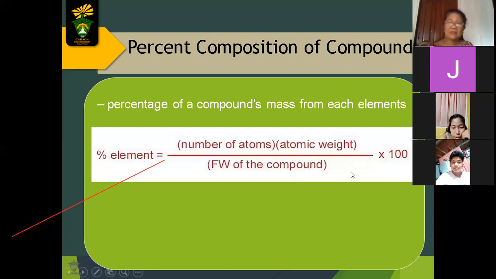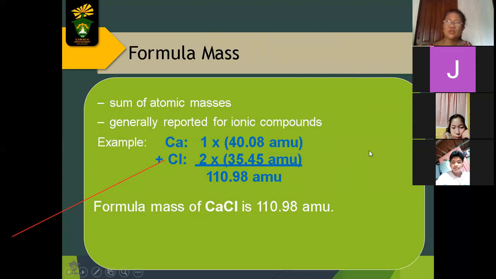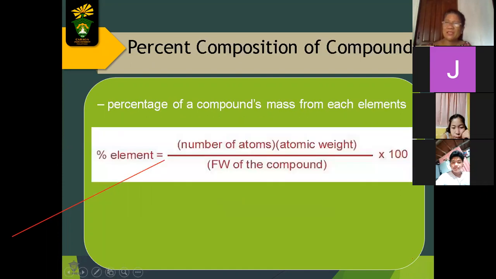What do you mean by that? For instance, let us go back here. Calcium chloride comprises calcium and chlorine. What is the percentage of calcium in calcium chloride? What is the percentage of chlorine in calcium chloride? That is what is meant by percent composition.